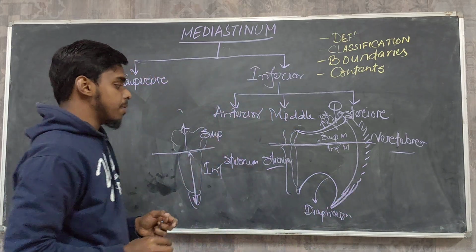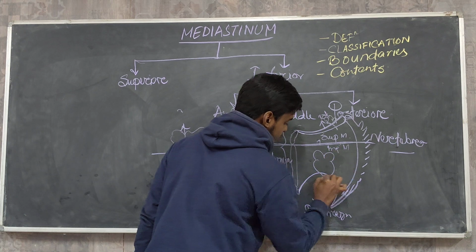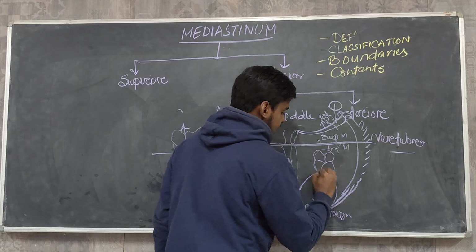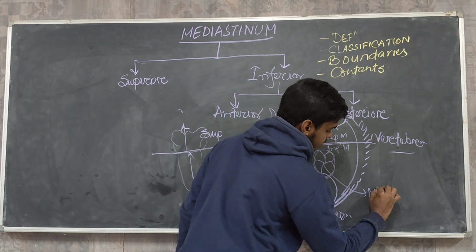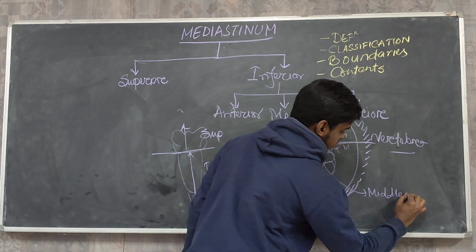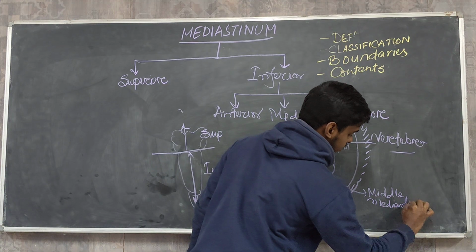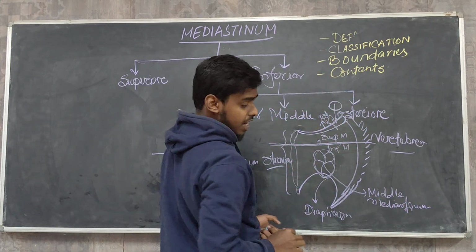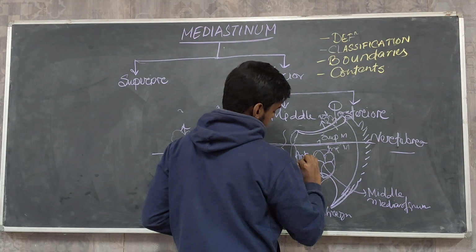And in case of inferior mediastinum, here the heart with pericardium is known as the middle mediastinum. In front of the pericardium is known as the anterior mediastinum.